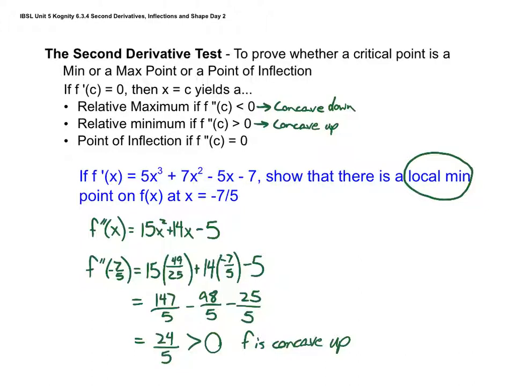Now, I guess you could probably be pretty confident, even using the first derivative test, if you set up a sign diagram, and negative 7/5 is negative 1.4. So maybe on your sign diagram you checked the increasing and decreasing at like negative 1.39 and negative 1.41, get super, super close on either side, and see if the direction changes.